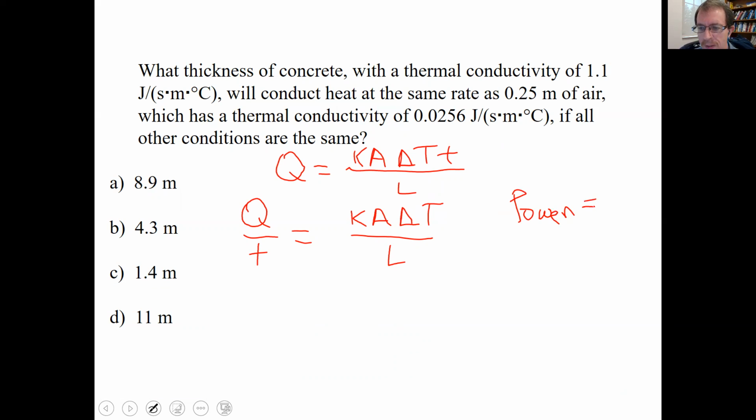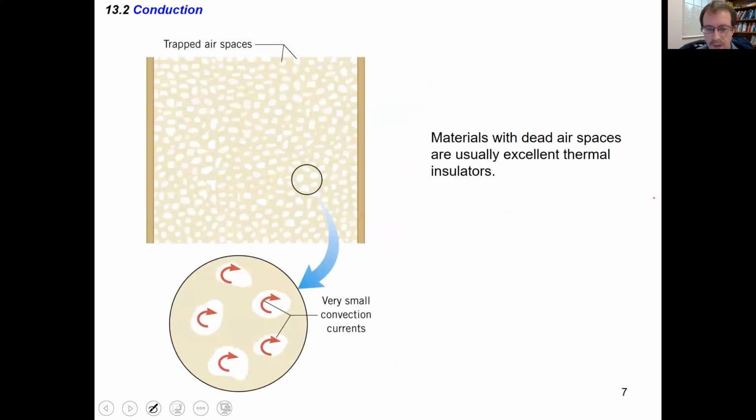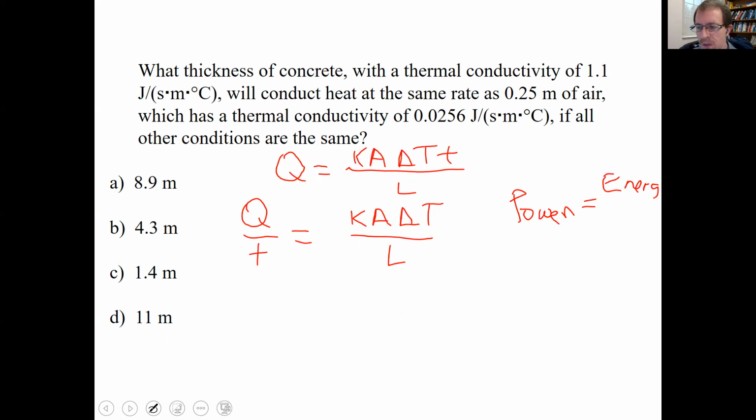So power is energy over time, or power would be equal to, if heat is energy, Q over time.